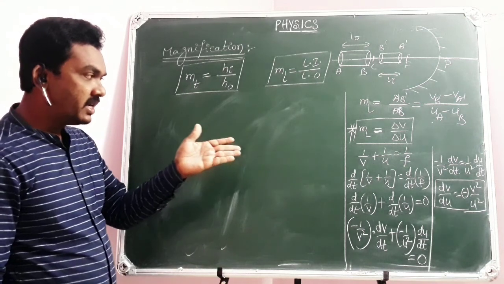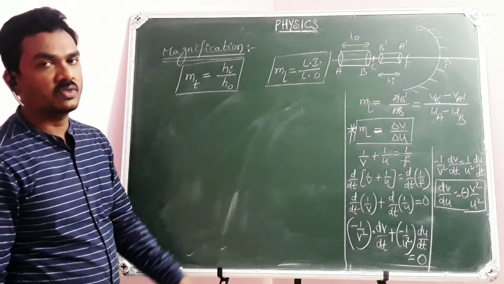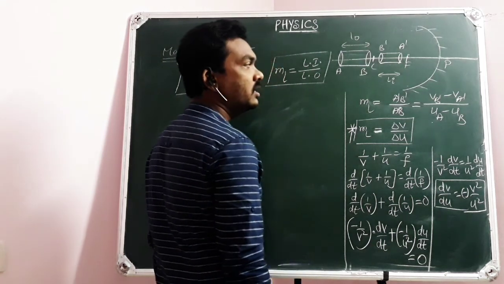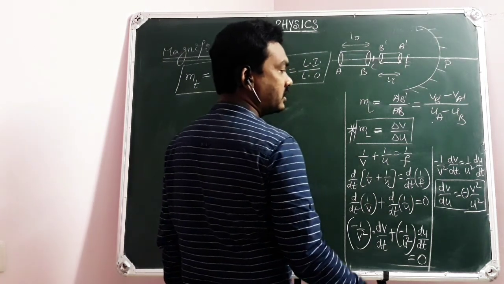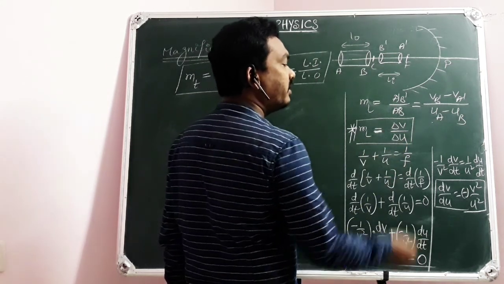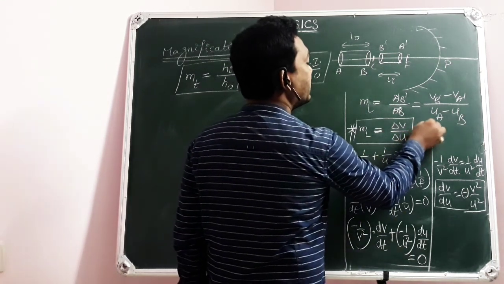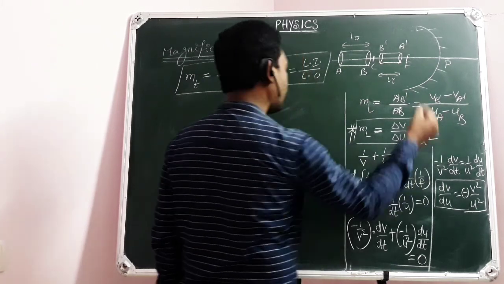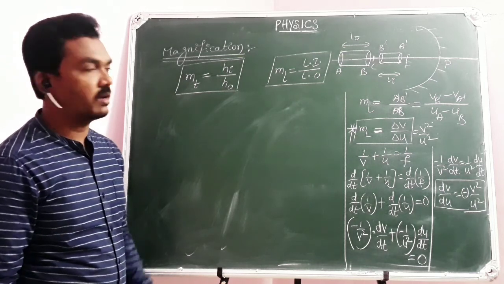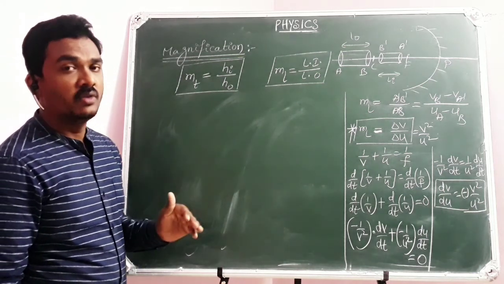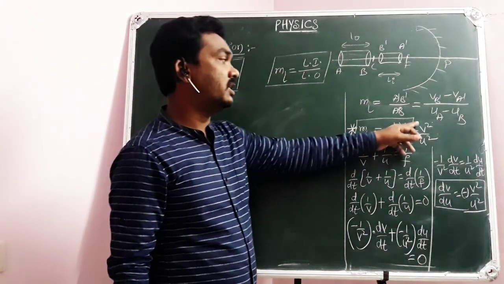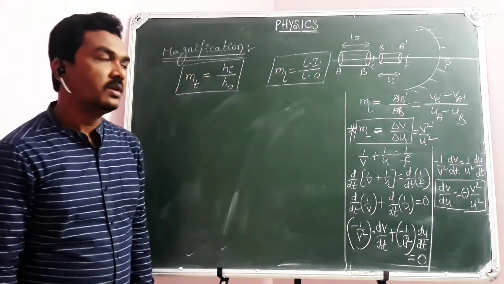But as it is the length of the image to the length of the object, ultimately linear magnification will be taken as v square by u square. That's the linear magnification formula: v square by u square, v for image distance, u for object distance.